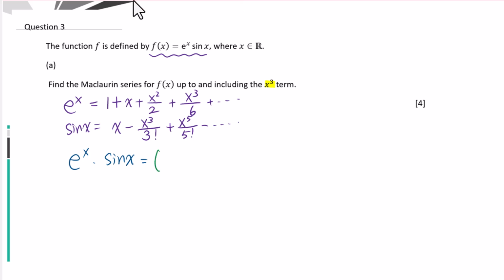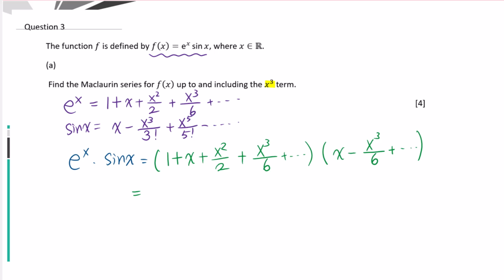So, we will get 1 plus x plus x squared over 2 plus x to the third power over 6 times x minus x to the third power over 3 factorial, which is 6.